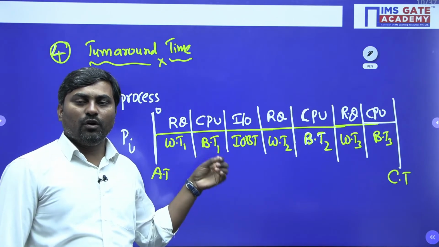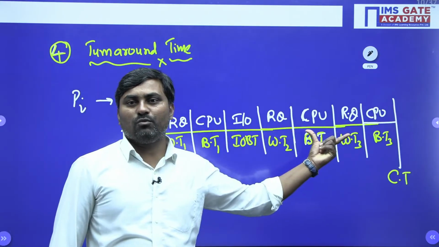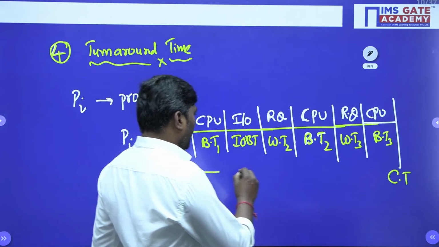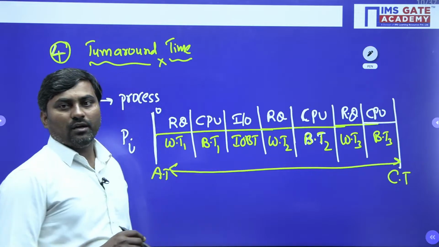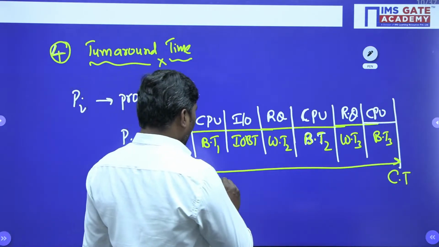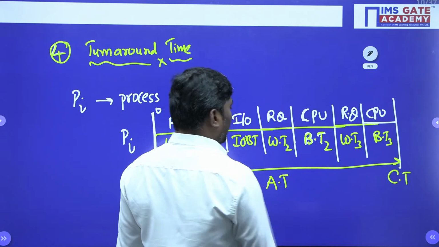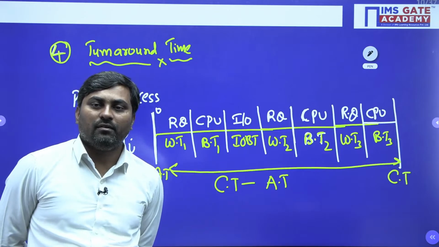Can you now define what is turnaround time? So total time is the turnaround time only or not? From here to here, this entire time is turnaround time only or not? How to take turnaround time now? Completion time minus arrival time. Yes or no? Am I right, all of you?